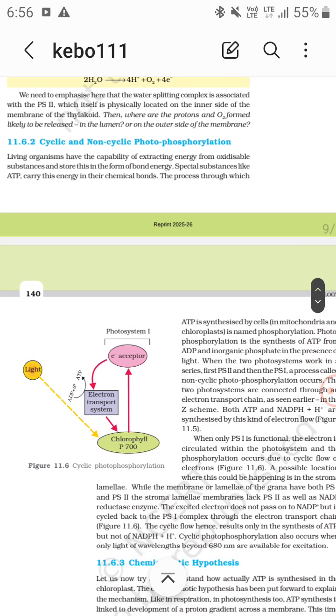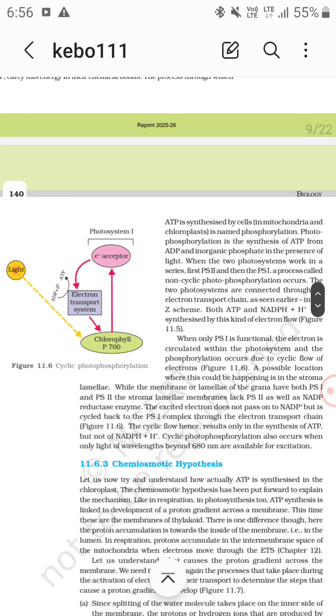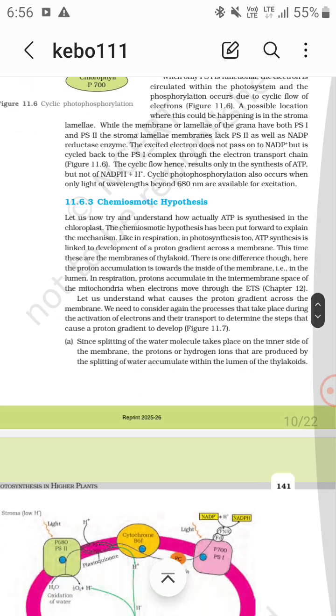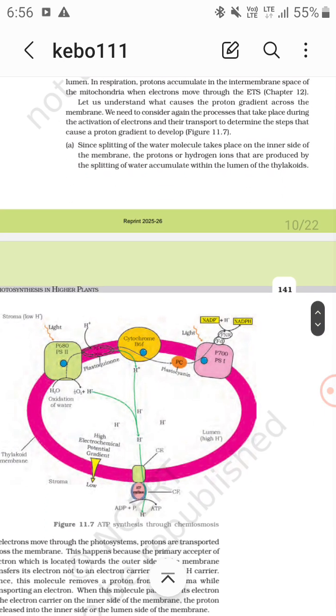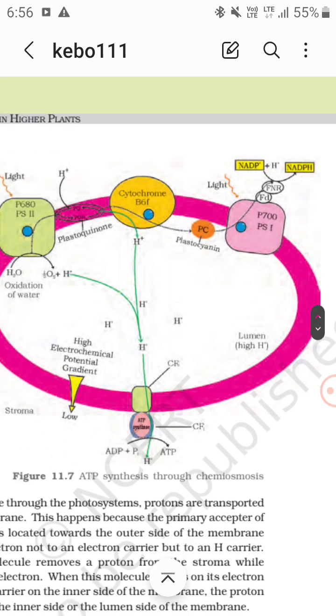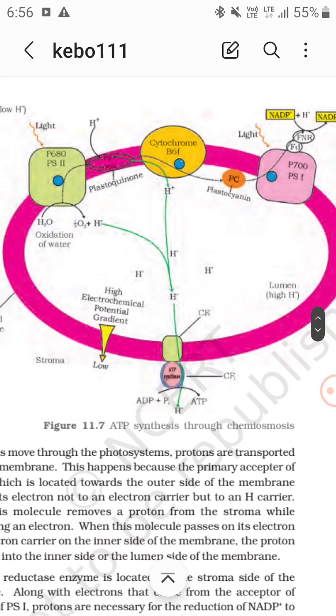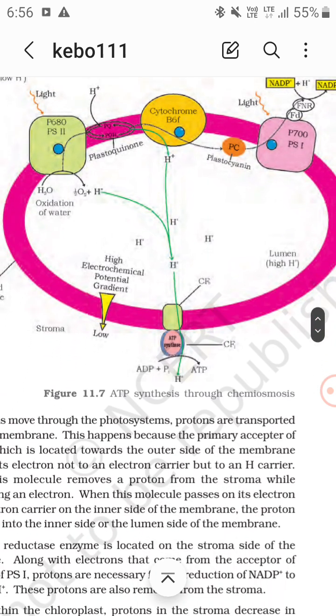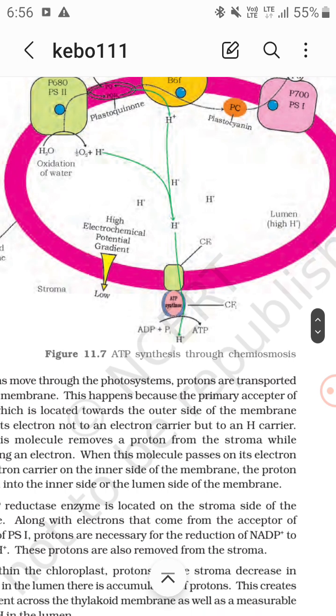So when the proton passes through the thylakoid membrane, you see the thylakoid membrane has channels, that is ATP synthase with two parts, CF0 that is embedded in the membrane and CF1 at the periphery.